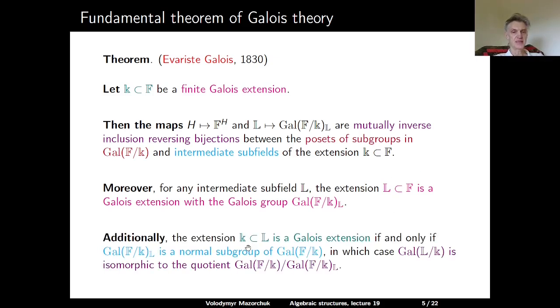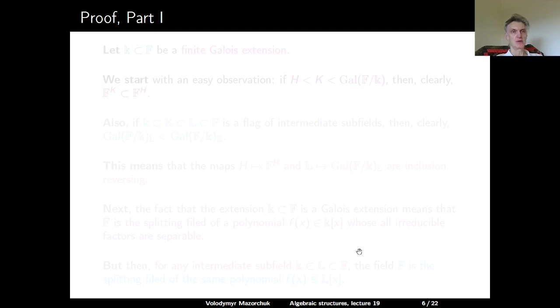Additionally, the extension of K inside L is a Galois extension if and only if this subgroup Gal(F over L) is a normal subgroup of the big Galois group, and if this is the case, then the Galois group of L over K is isomorphic to the quotient of the big Galois group by this normal subgroup. Let us now start with the proof of this theorem.